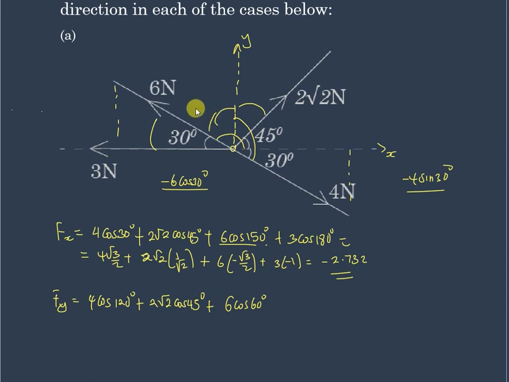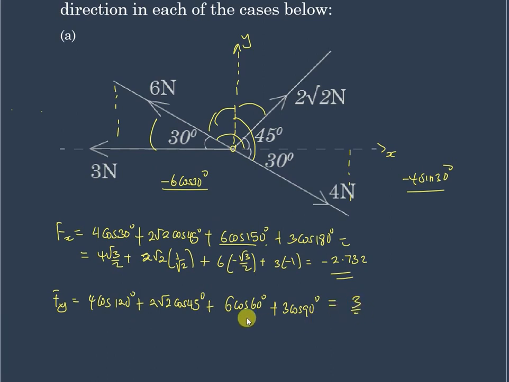It is force times the cosine of the angle between the line of action of the force and the direction in question. Then the 3 Newton force should not have a component in the vertical, so it is 3 times the cosine of 90, because the angle between the 3 Newton force and the positive y-axis is 90. When you work out everything here, we basically get 3.